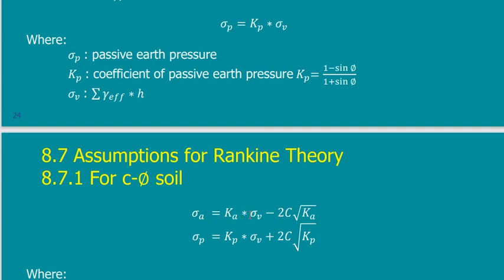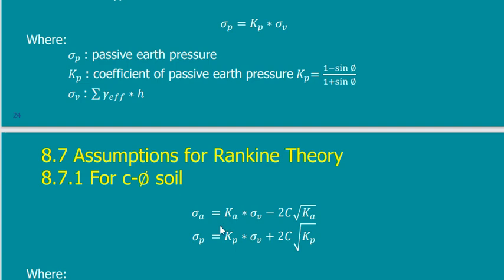In this equation, this part is the effect of phi. Here, the effect of C. The effect of phi is positive, but the effect of C is negative. So because you have a negative effect of C, it reduces the value of the effect of phi.